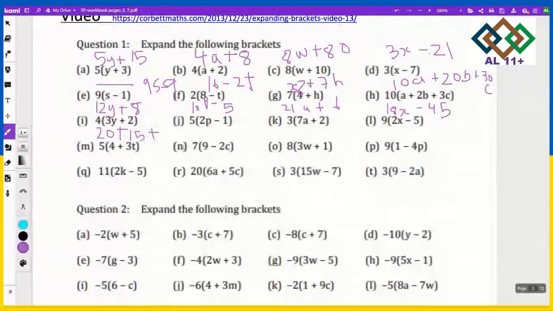Then you have N, that is 63 minus 14C. O, that's 24W plus 8. Then you have P, 9 minus 36P.